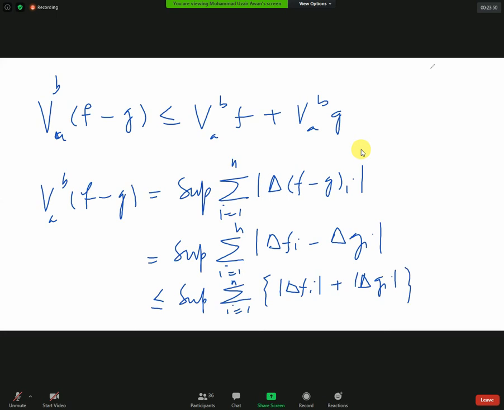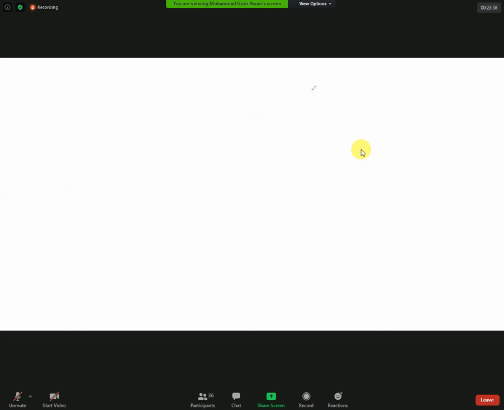ठीक हो गया जी। Now we know that supremum of F plus G is less or equal to supremum of F plus supremum of G. So which is less or equal to supremum of summation i equal to 1 to n del Fi plus supremum of summation i equal to 1 to n del Gi. ठीक हो गया?